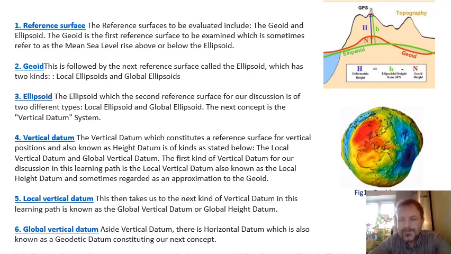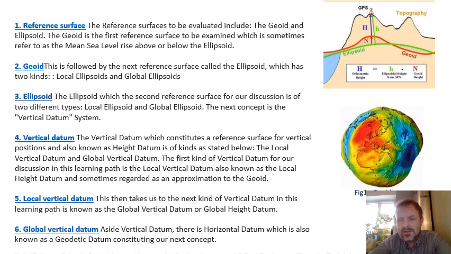There are several reference surfaces such as the geoid and the ellipsoid. The geoid is the first reference surface to be examined, which is sometimes referred to as the mean sea level, rising above or below the ellipsoid.